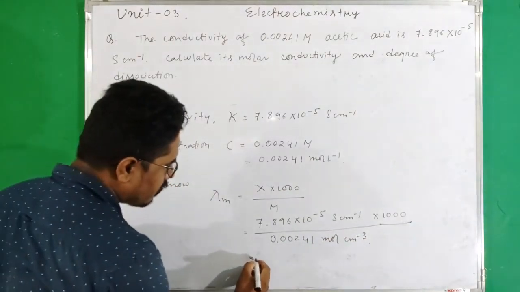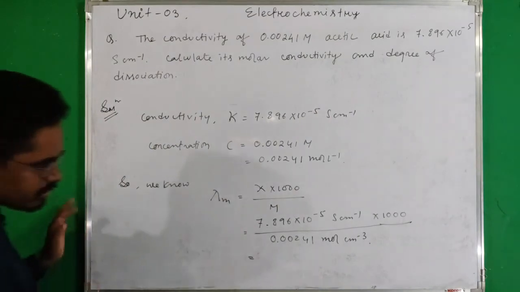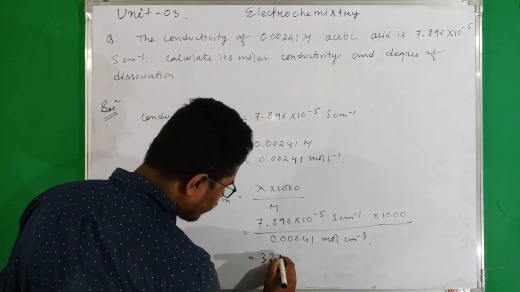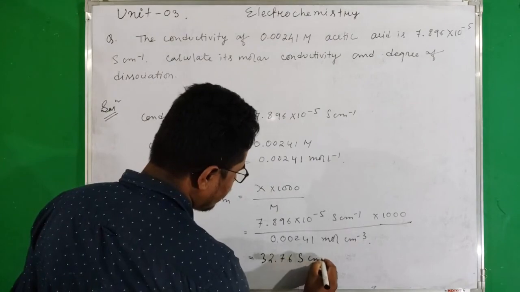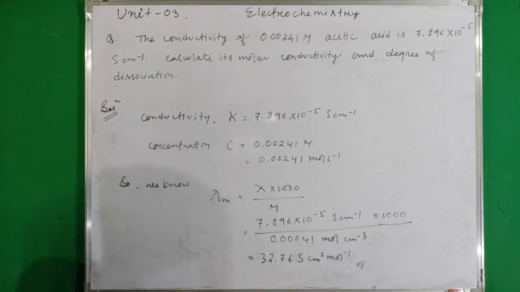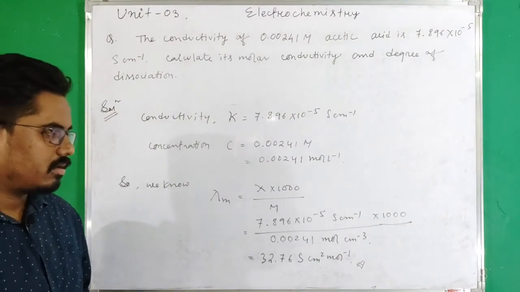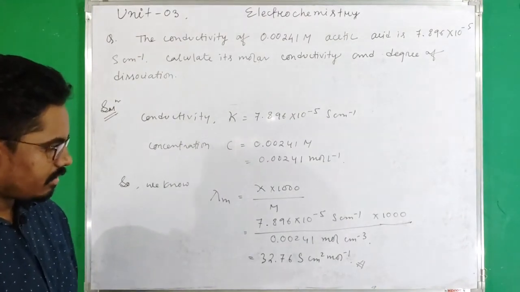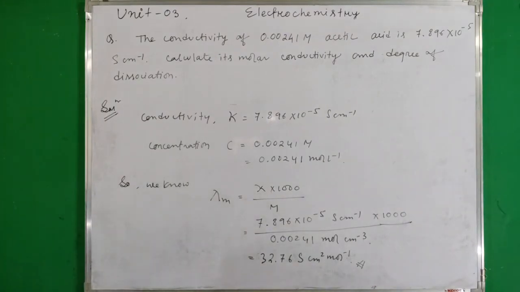After calculating, the result is 32.76 Siemens centimeter square per mole. So we have determined the value of Λm, the molar conductivity for acetic acid, from the given data.